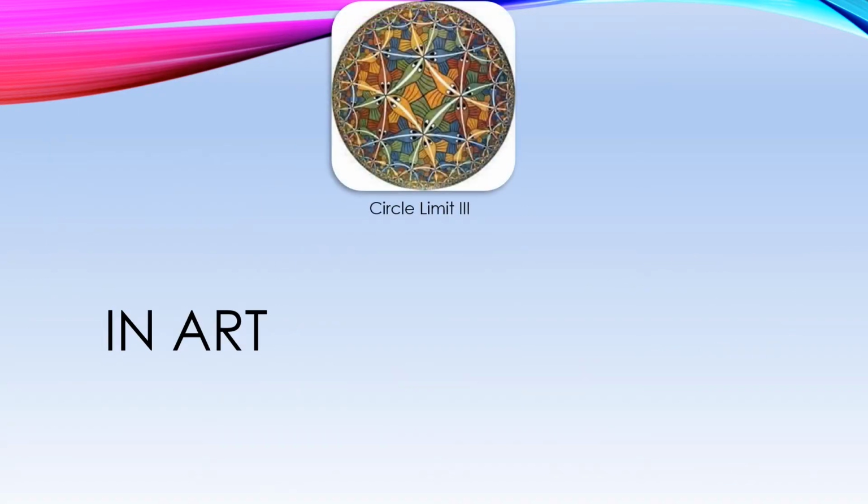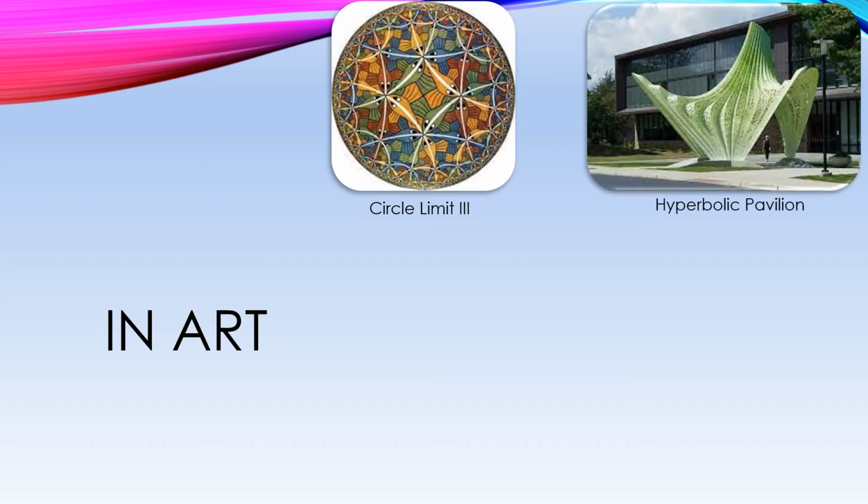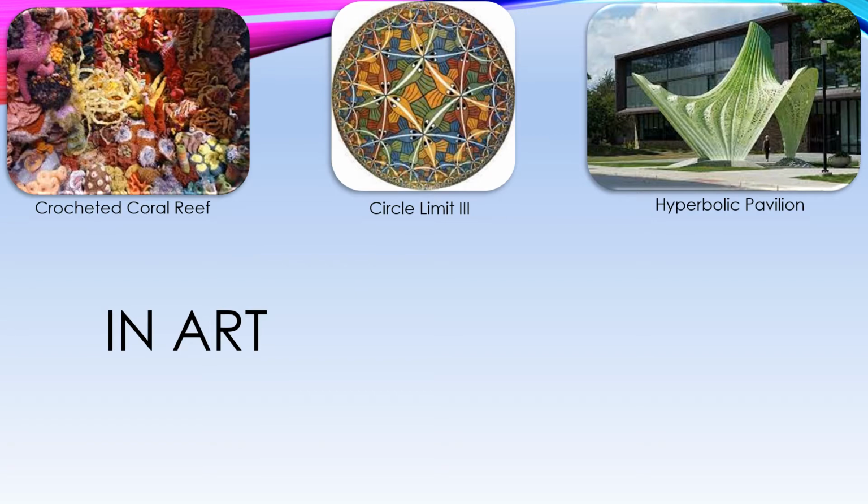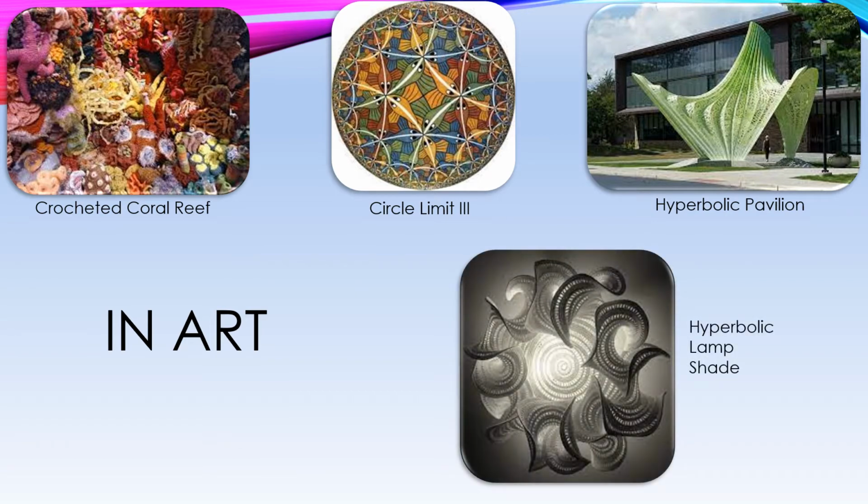We also see hyperbolic geometry in art. M.C. Escher's art, such as Circle Limit 3, is a popular example of hyperbolic geometry in something called the disk model. There's also hyperbolic geometry in architecture, such as in this pavilion outside the art department of a university, in a crocheted coral reef on display in Latvia, or in this hyperbolic lampshade.